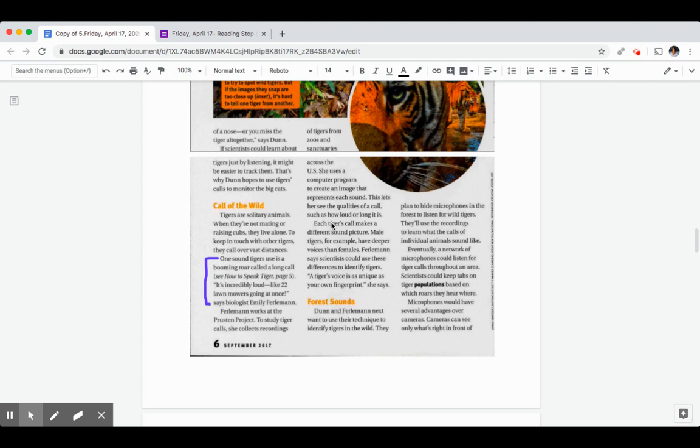Everyone's fingerprints are different, and that's why they can be used to identify specifically you as a person, because your fingerprint will not match anybody else's. So, fingerprints are a way for humans to be identified. So, now let's think about why Ferliman would have compared a tiger's voice to a fingerprint.